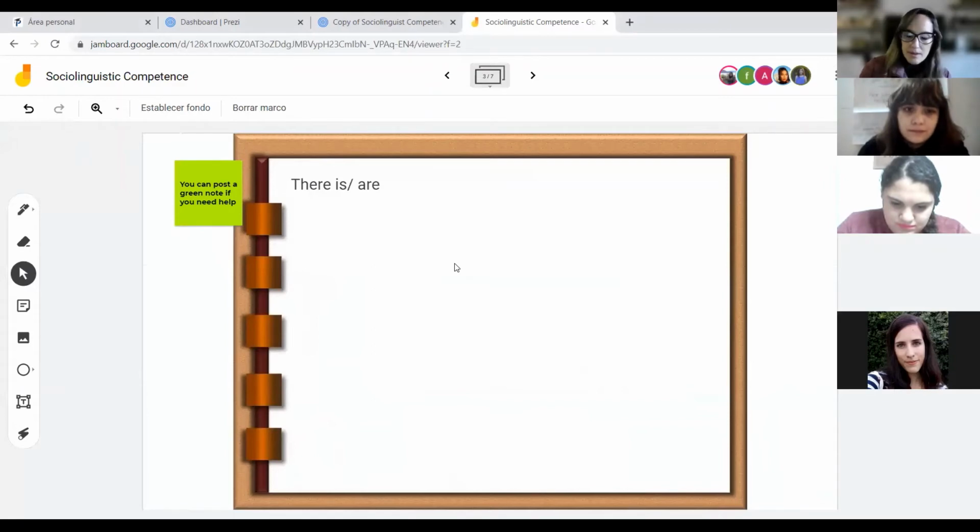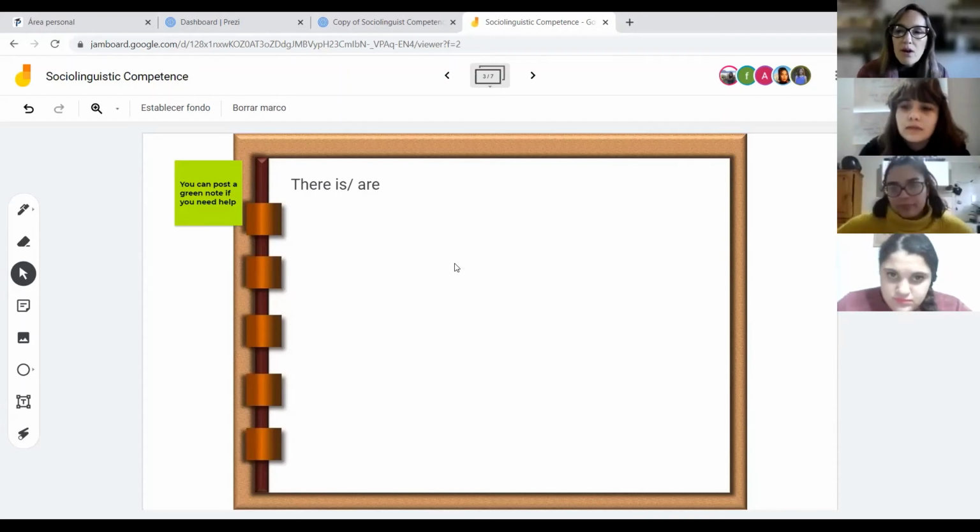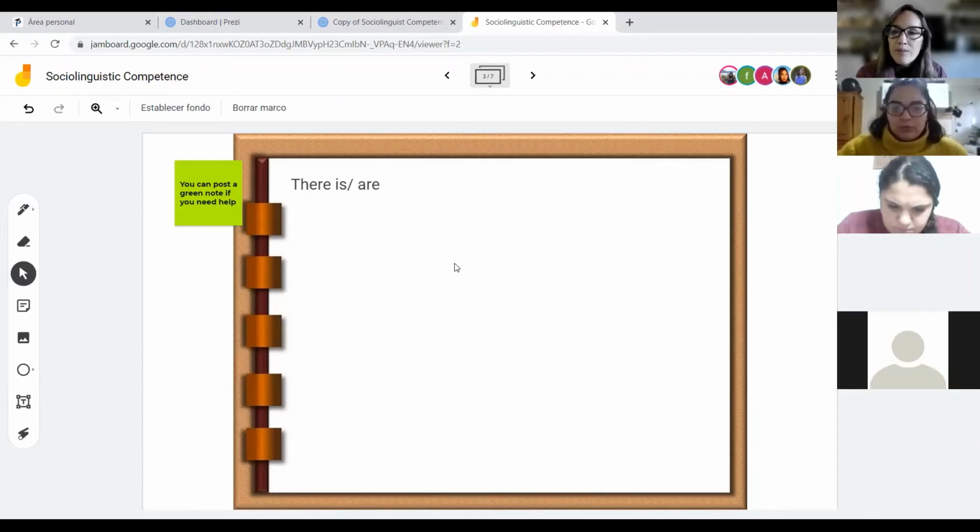When do we use there is and there are? To express what? To express existence. Okay, but can you give me a more concrete situation, for example? When we want to describe, I don't know, furniture in a house. Okay, yes. Or to express a quantity.